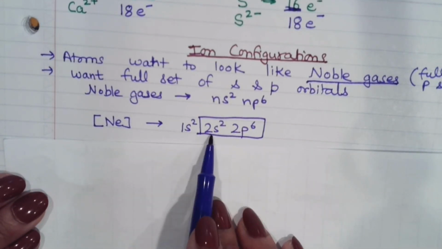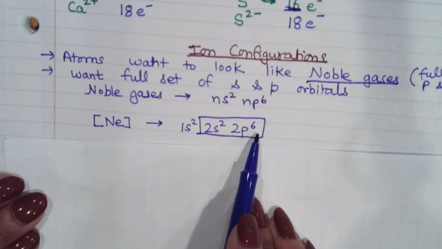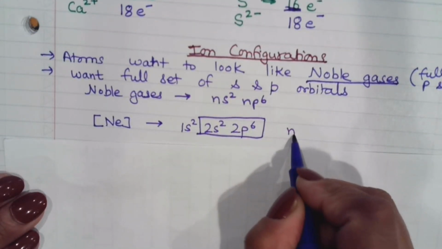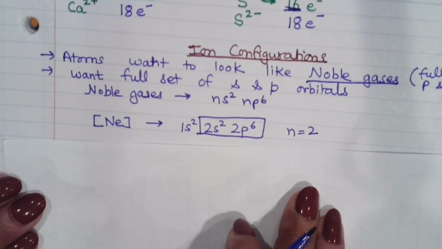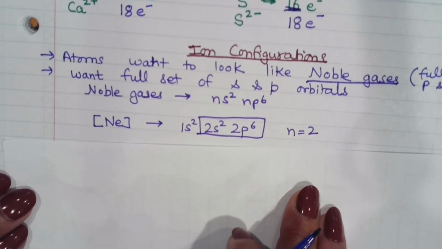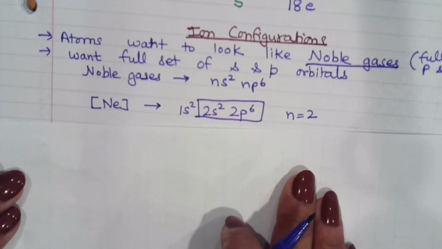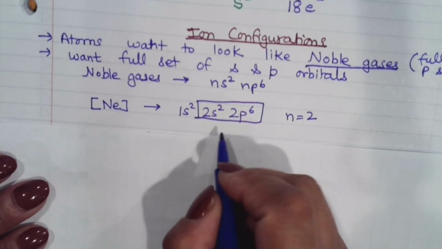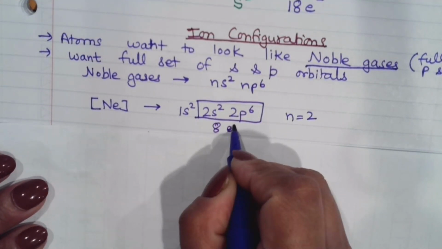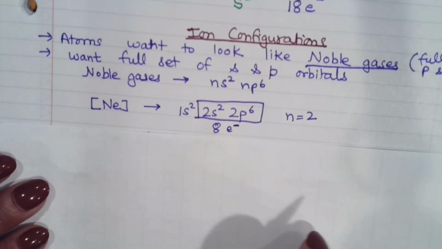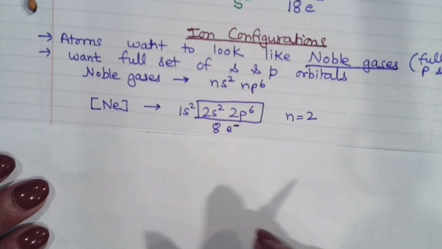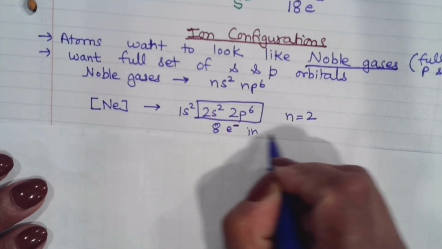You can see neon ends in 2s2, 2p6. So n equals 2 is full. The outermost shell, or the valence shell, contains the max number of electrons, which is a total of 8 electrons. So noble gases have 8 electrons in their valence shell.